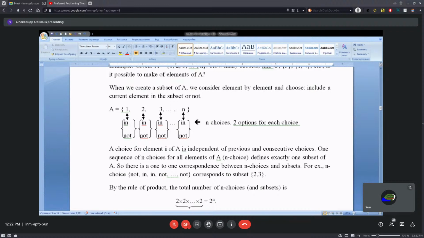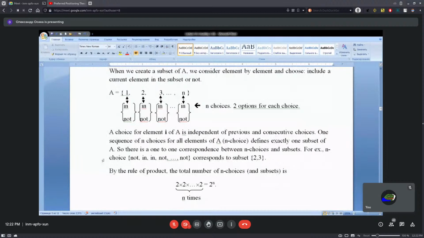One sequence of n choices for all elements from A, and we can call it an n-choice. An n-choice defines exactly one subset of A. For example, if here in and everything else is not, then it is a subset of one element, 1.